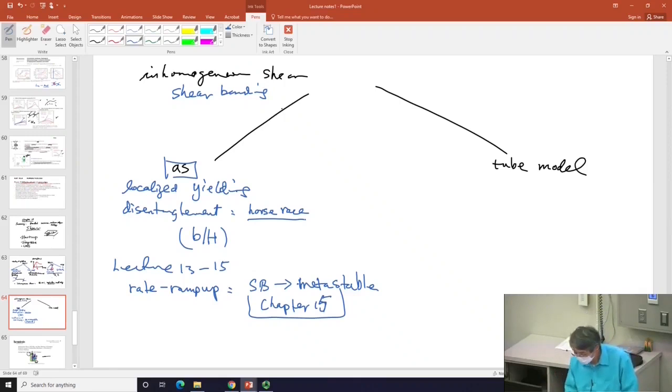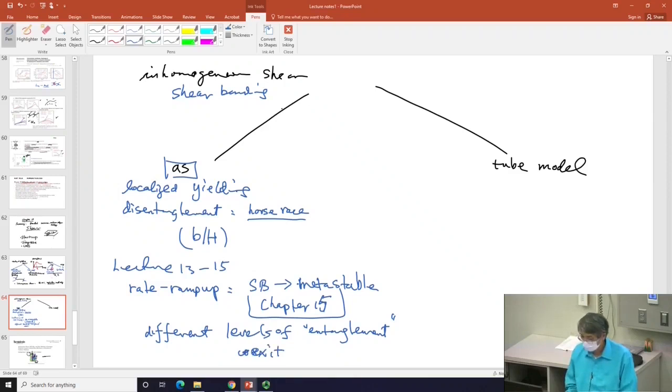Consequently, the point is basically a different level of entanglement coexists at the same stress. Coexist. So that seems to be what's happening.